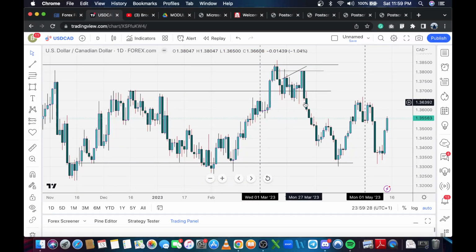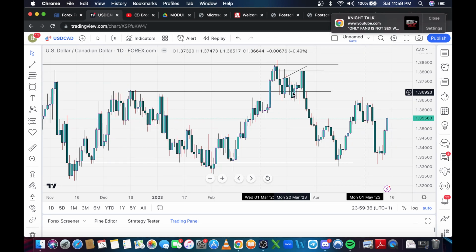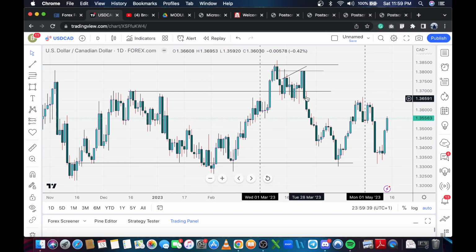Price trades lower, trades up into bearish breaker. Displaces, creates inefficiency, confirming order flow. Continues to displace, major rebalance into mitigation block, displaces a little bit more, major rebalance into mitigation block again.